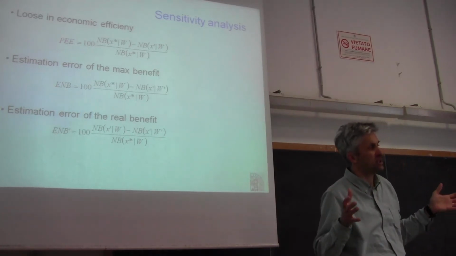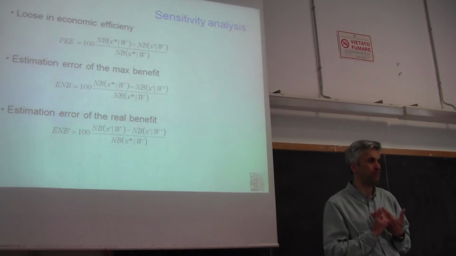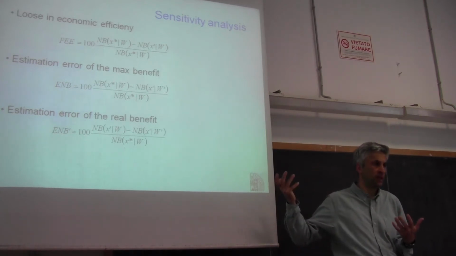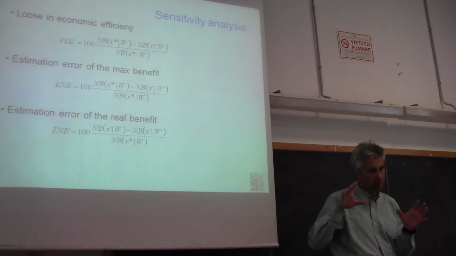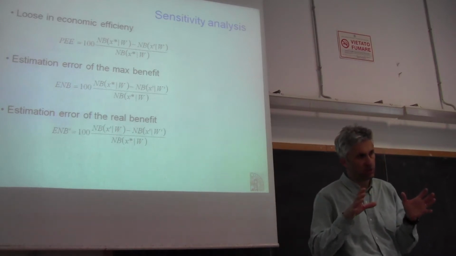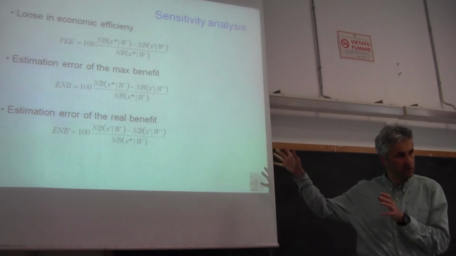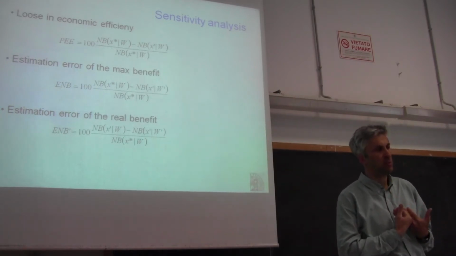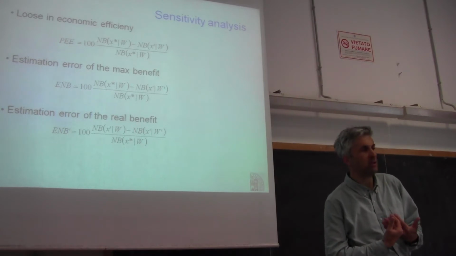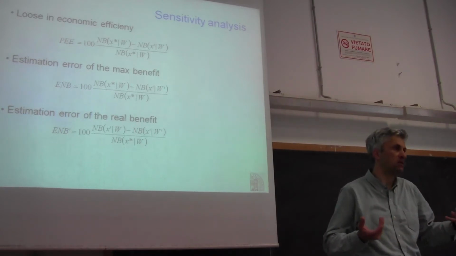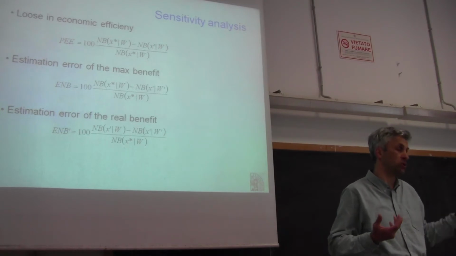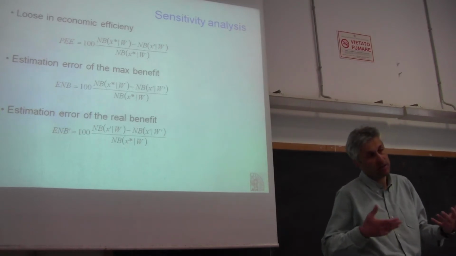And of course you may say, but this is up to me. I mean, once you know the effect of uncertainty, and you know what is the possible outcome of your decision, also in terms of errors that you make, you may say, it's up to me. If I'm willing to take a risk, then I may decide in some ways. If I want to be cautious, I decide in another way.